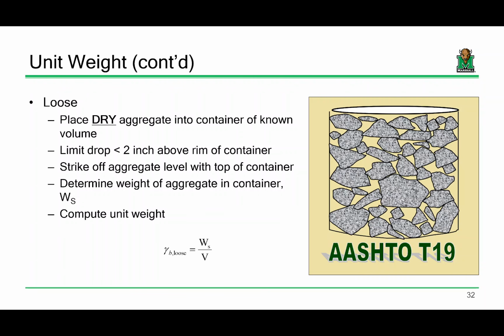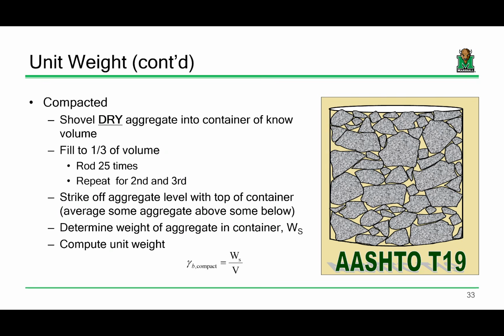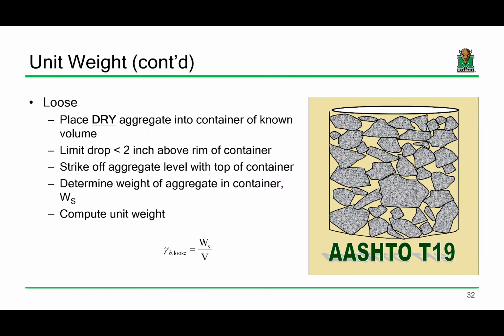I mentioned this because I've got loose and compacted aggregate in the lab today. So the loose aggregate, for the lab that we do today, was basically just placed in a container as is, no sudden drops, struck off the top, and that's the aggregate.